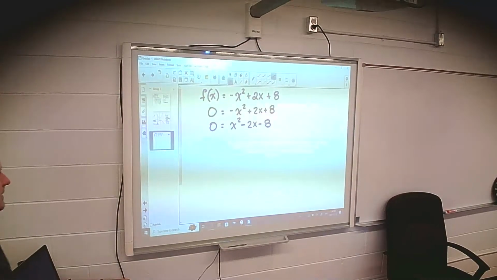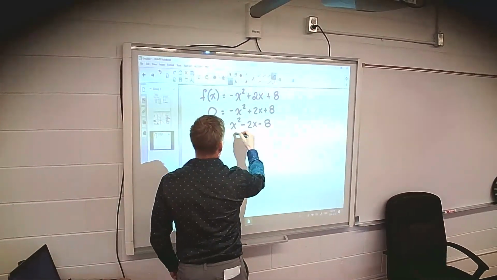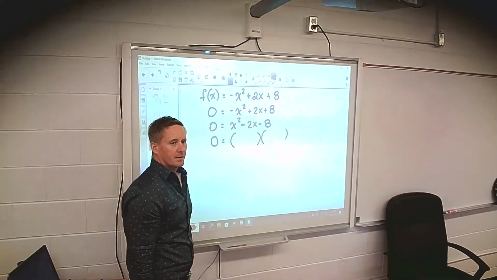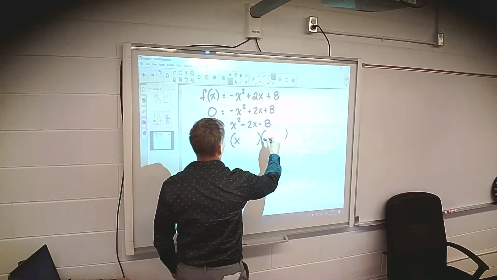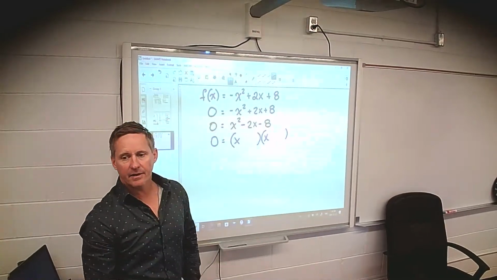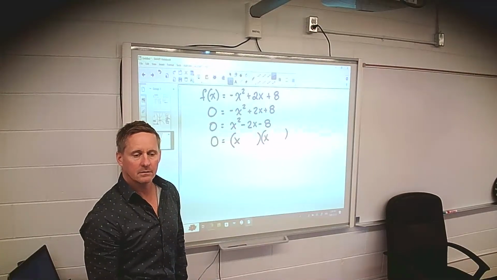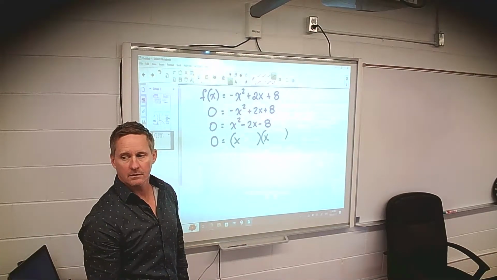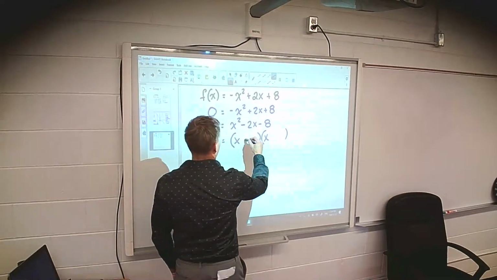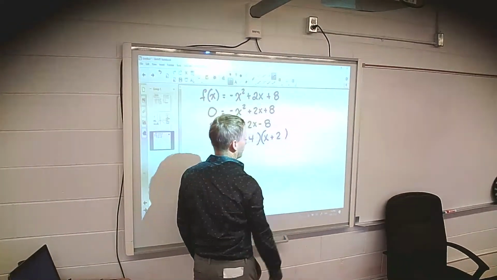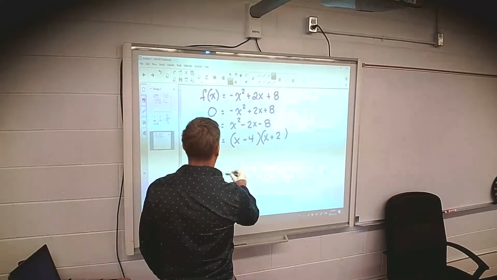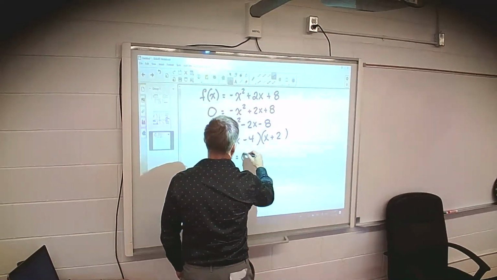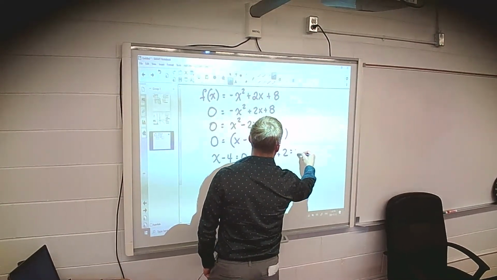So now we got to factor it. Two sets of brackets. What are the factors of x squared? X and x. What are the factors of -8 that add to give you -2? -4 and 2. Back to the factoring we learned about last year. So now, x minus 4 equals 0, x add 2 equals 0.